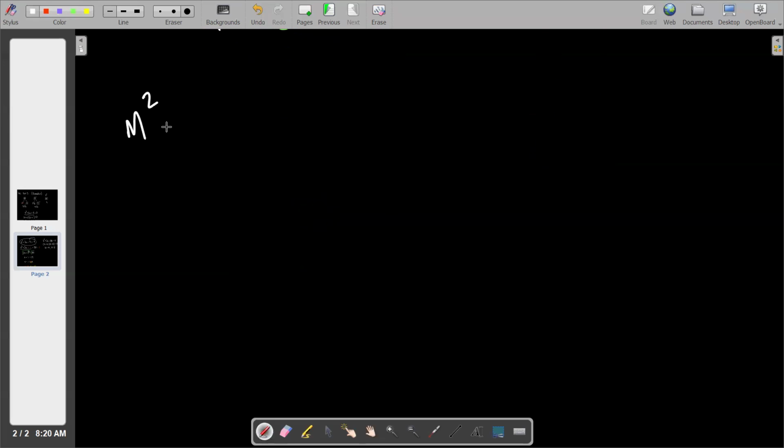m squared minus 14m plus 24 equals negative 7. Move that 24. Leave a space. What'll be the number on the right?